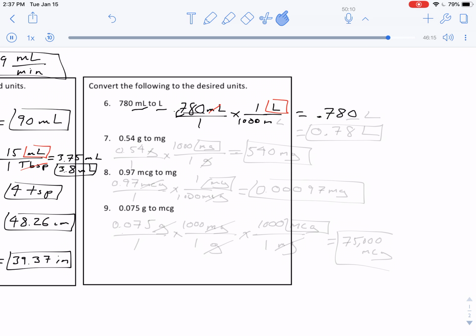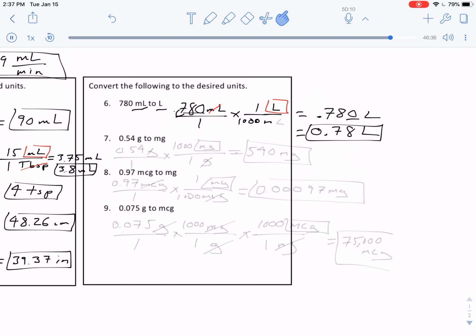But there's issues. So this is liters. There's a trailing 0 here I need to get rid of, and there's no leading 0 in front. So technically I should write this as 0.78 liters.